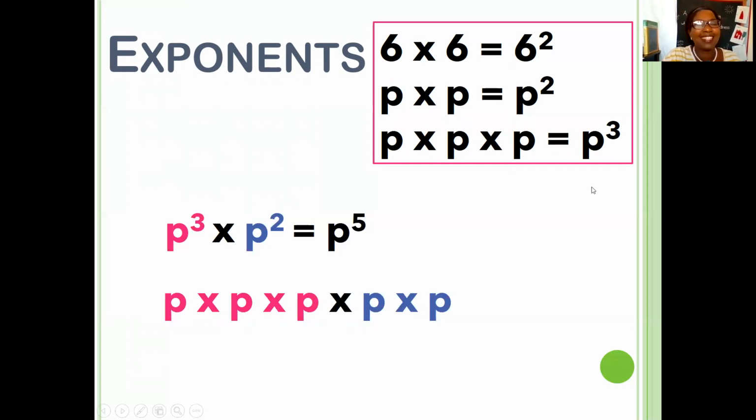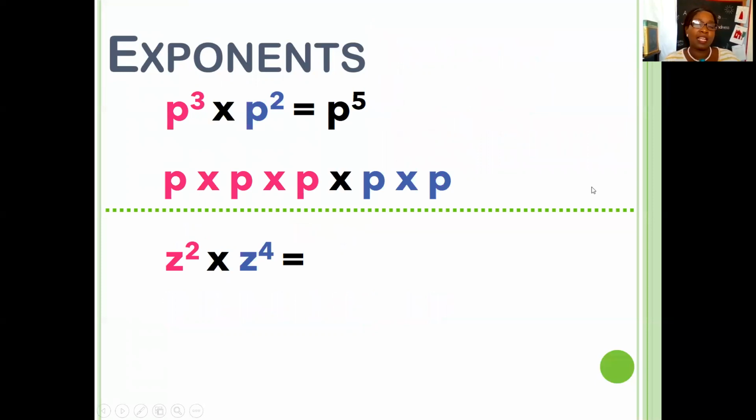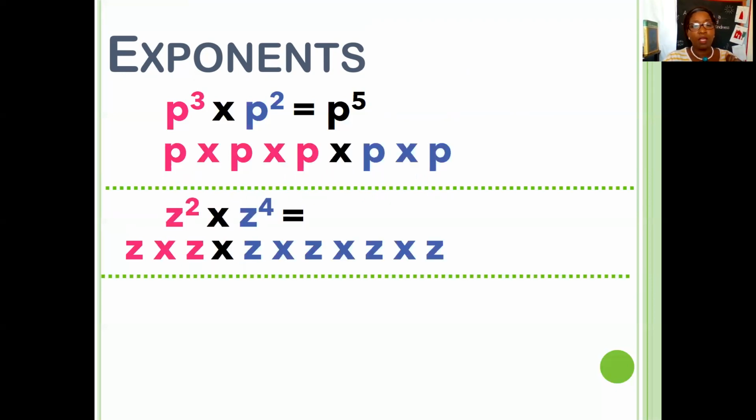Got it down? Excellent. Let's look at another one. We have Z squared, or Z to the 2nd power, times Z to the 4th power. So we're calculating the product of Z squared and Z to the 4th power. What do you think is the first thing you need to consider? Well, Z squared, that's your Z times Z, and I tried to color code to help you make the connections.